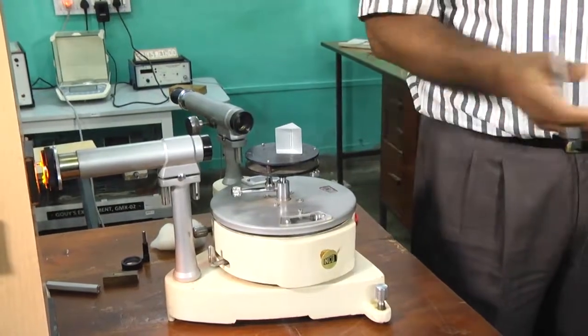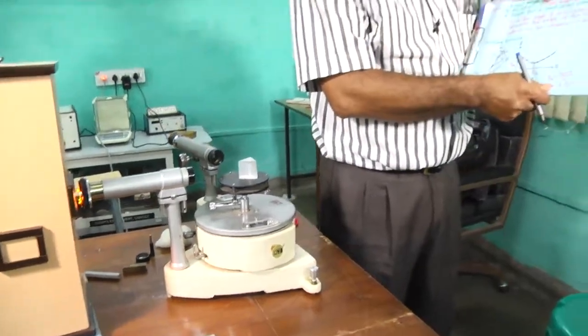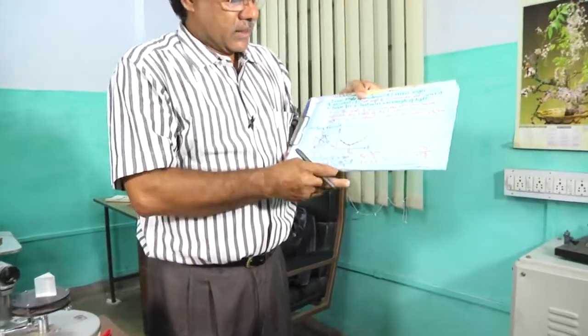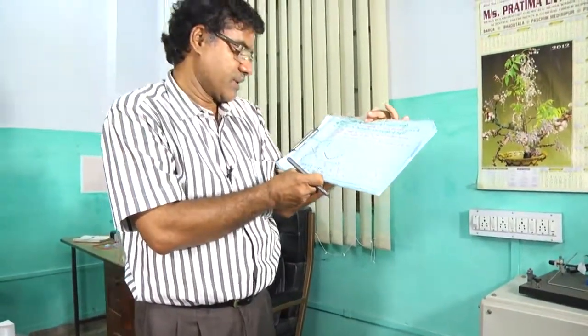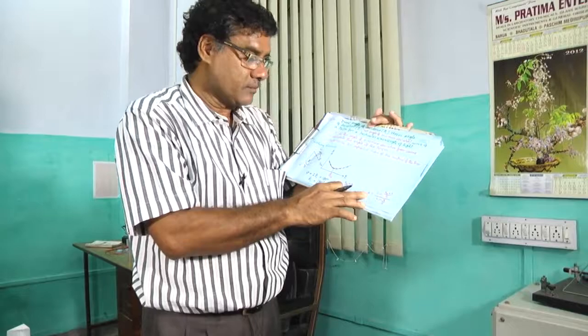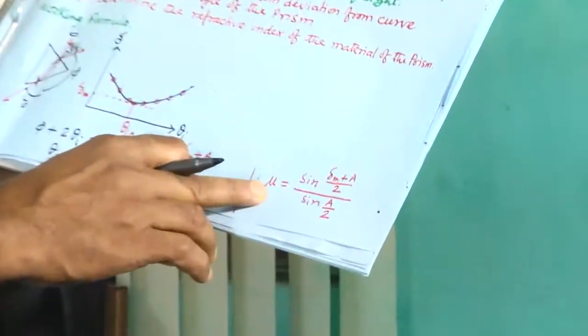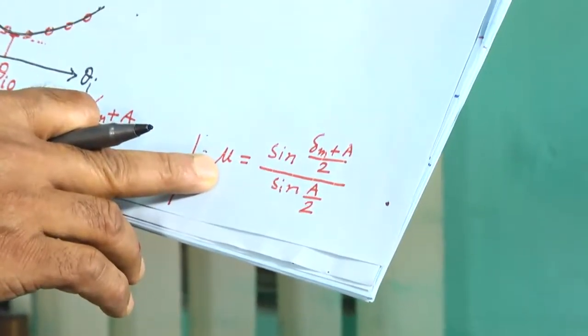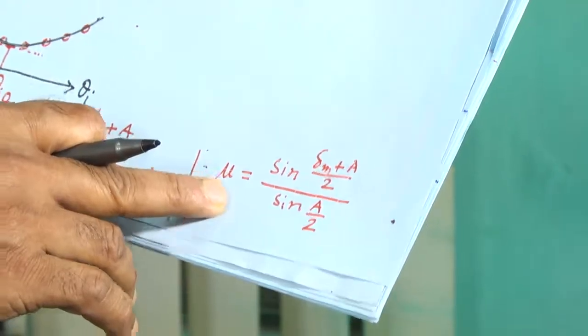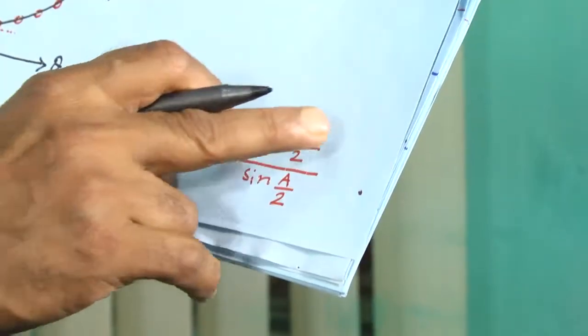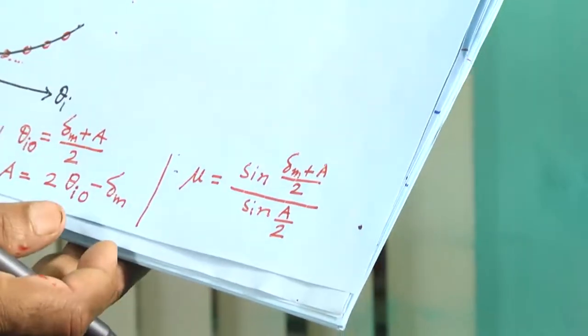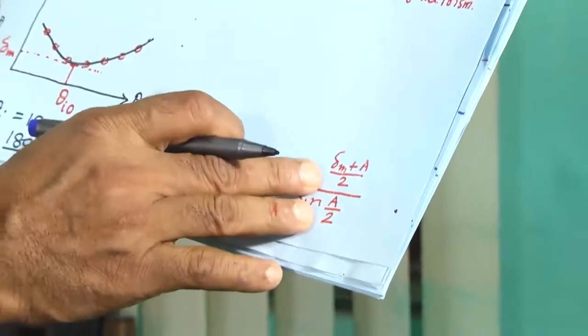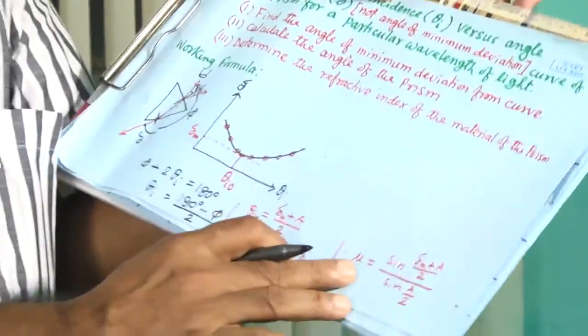So, that way also you can find out A, and then you calculate the corresponding refractive index, okay, because delta m and A are known to you.